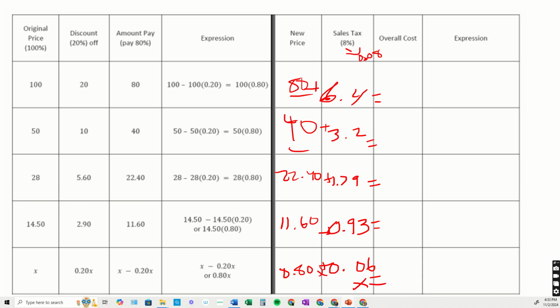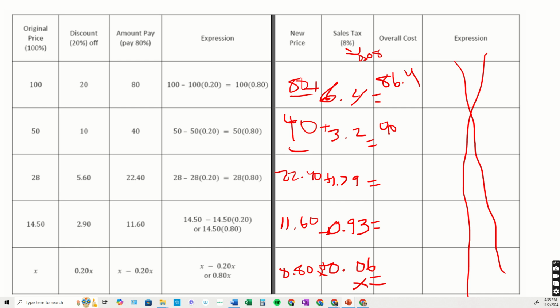And we're not going to rewrite this expression down here only because we'll have done it leading up to these other pieces here. So 80 plus 6.4 is 86.4. 40 plus 3.2 is 43.2. 22.40 plus $1.79 is $24.19. $11.60 plus 0.93, or 93 cents, is $12.53.